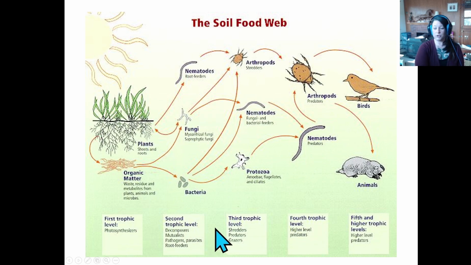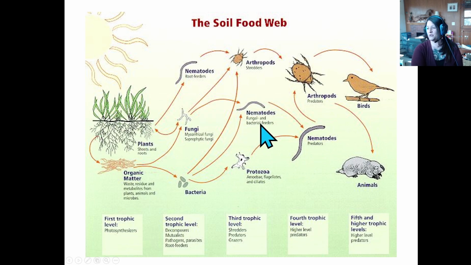Moving on to our third trophic level, we have our shredders, our predators, and our grazers. And these guys are really important because they come in and eat the bacteria that has eaten the organic matter. They eat the fungi that is eating the plants and organic matter, the plant roots and shoots.